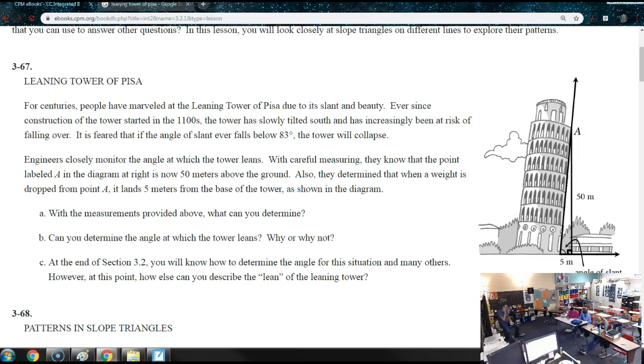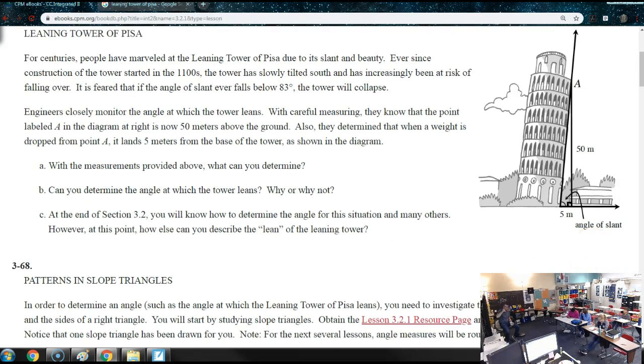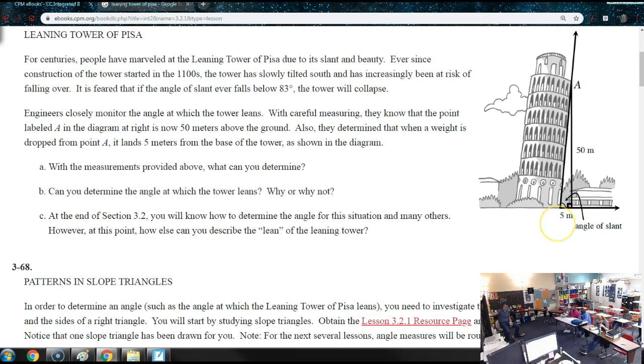So the question is, where is it now? How safe is it? And when will it fall over? Engineers do closely monitor the tower, like it is constantly being monitored. When we take some measurements, if you went on top of the tower and dropped an object, it would land 5 meters out from where the tower actually touches the ground.